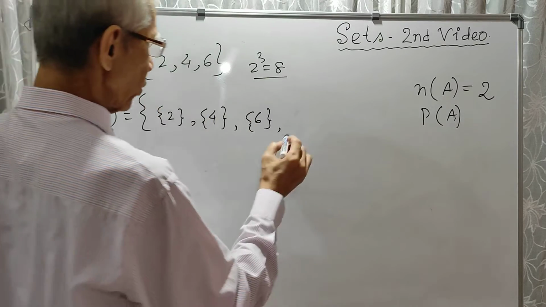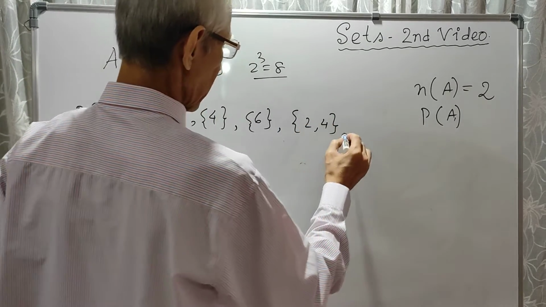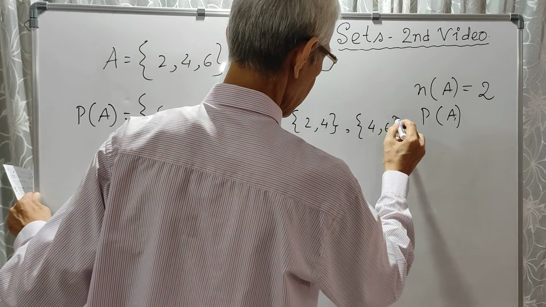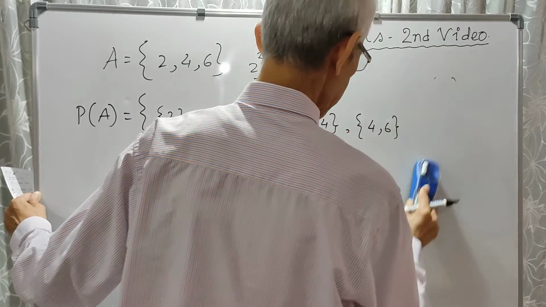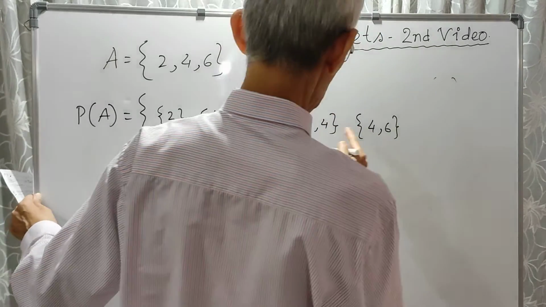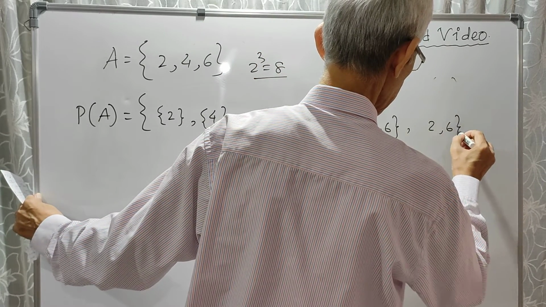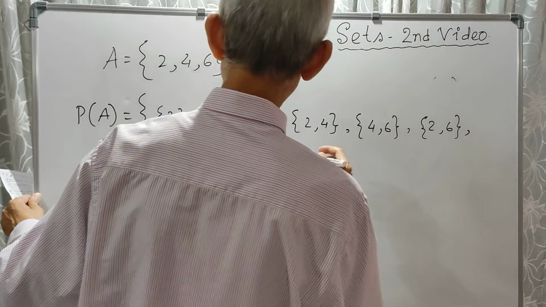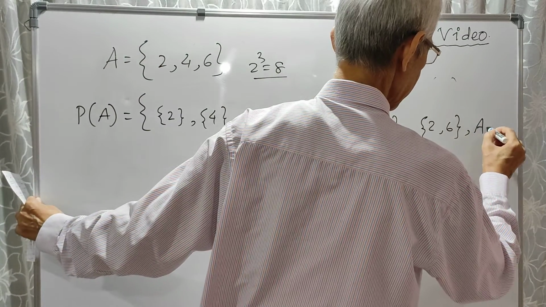Then taking 2 at a time: 2, 4, 4, 6, and 2, 6. Okay. Then taking 3 at a time. 3 at a time means itself.